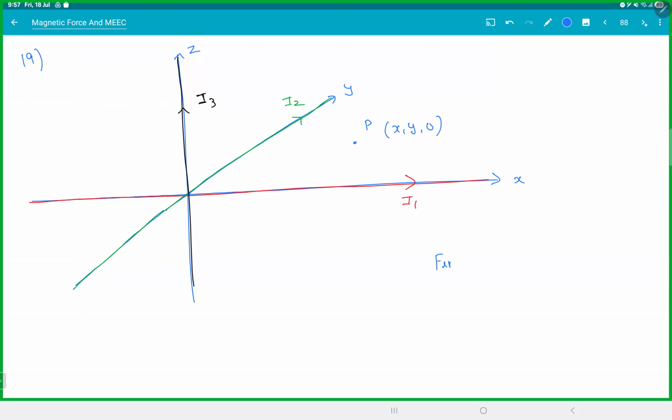Find the magnetic field at point P. Three infinite current carrying wires along XYZ axis. I want the vector form: i cap, j cap, k cap.